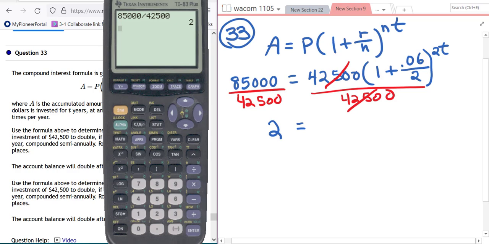All right. And so this leaves us 1 plus 0.06 over 2 to the 2t. The other thing I would do here, before I took a logarithm, I would put these numbers together. I would do the fraction first and then add the 1.